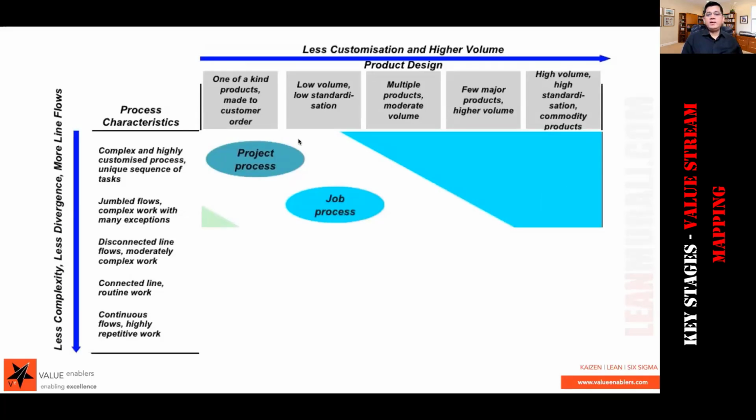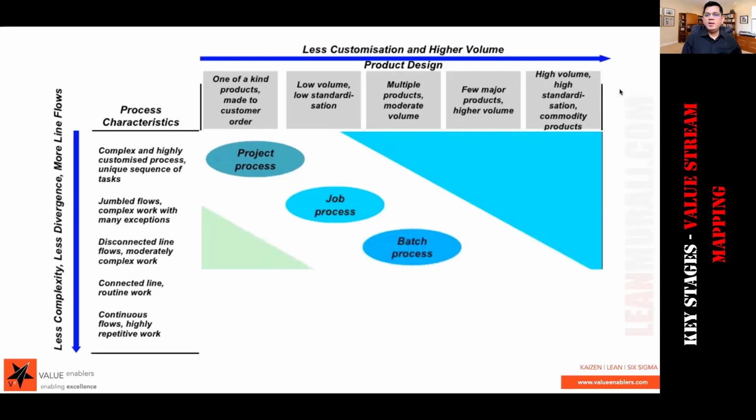And here, low volume, low standardization, which means the volume is not very high and you cannot standardize it much. The workflow is sort of jumbled, complex work with many variations; we call that a job process. If you are from non-manufacturing and this sounds a little complex, don't worry about that. Just be here and make sure that at the end of the day you understand everything.